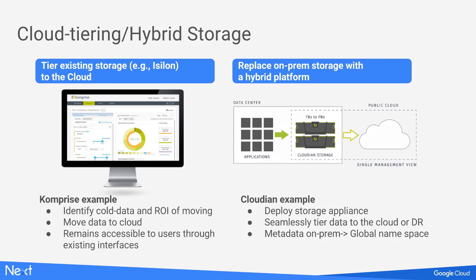Cloud tiering is interesting, right? There are two ways of looking at cloud tiering. One way is you have on-premise storage where you hold all of your data. Now, the problem with on-premise storage is that it's really expensive. So why not move some of that data to cloud, right? To take advantage of our scale and low cost, especially Coldline, for example.